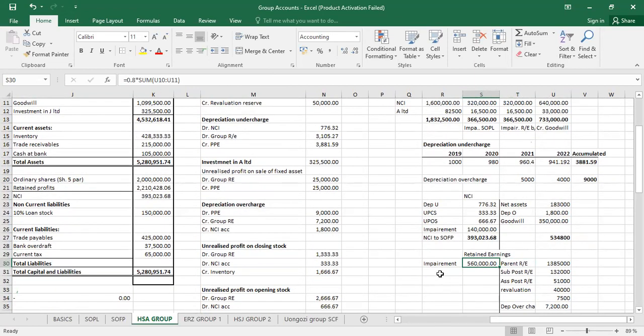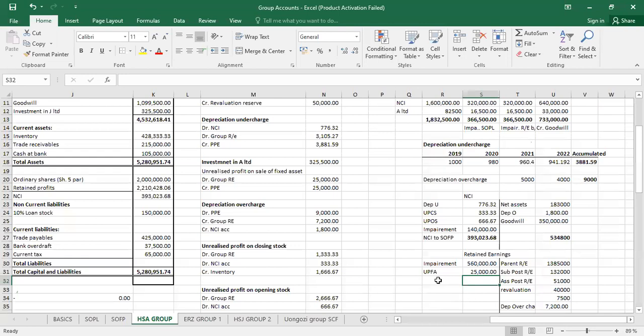Then what else do you have? Then here, this one also will credit 25, unrealized profit on sale of fixed assets, equal the 25. Then depreciation overcharge, we've talked of it.